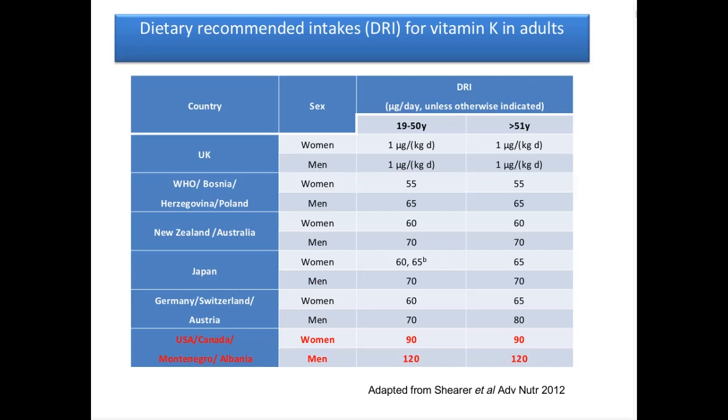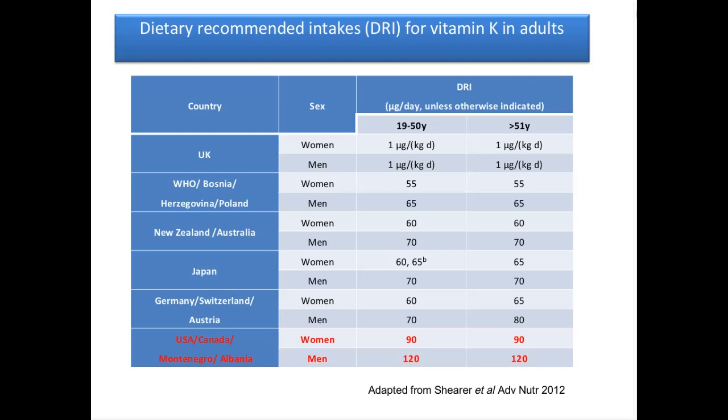In terms of what people eat, the recommended intakes generated in the U.S. are based on the average intakes of adults in the U.S. So most adults, the average is about 90 micrograms per day, which is about half a cup of broccoli, to give you a comparator in terms of the diet. And men consume a little bit more.